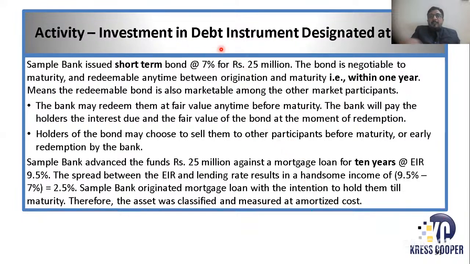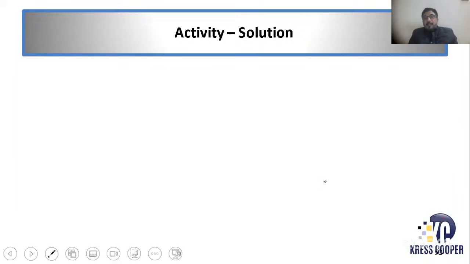The liability through which the investment was funded is measured at fair value through profit and loss, because it is fulfilling the criteria of being measured at fair value through profit and loss, whereas the investment is measured at amortized cost method. So the standard gives you an option, which is irrevocable, that you can remeasure your investments at fair value through profit and loss.